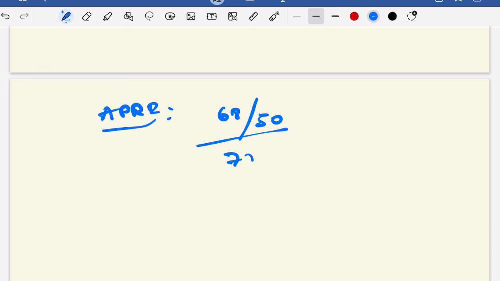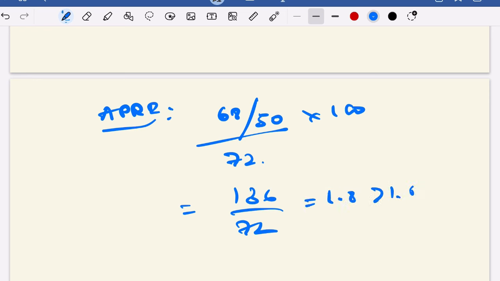Platelet count is 72. 68 divided by 50 is 1.36, which into 100 is 136. 136 divided by 72 is 1.8, which is obviously more than 1.5. So there is cirrhosis. I'll show you the ultrasound also, which says there is cirrhosis.